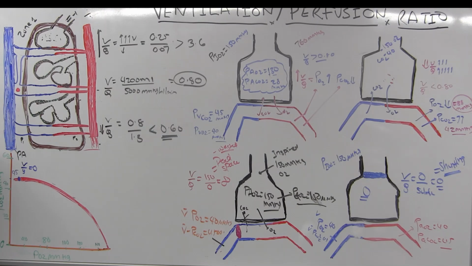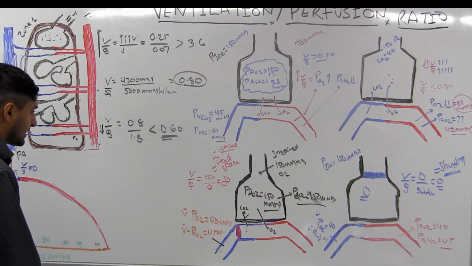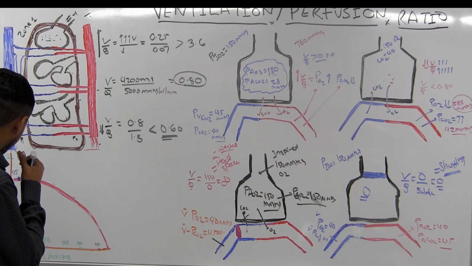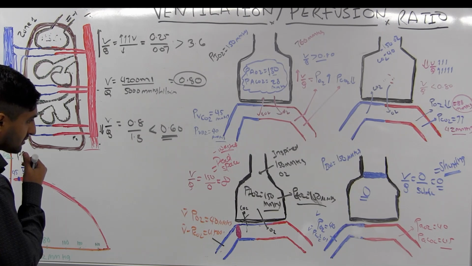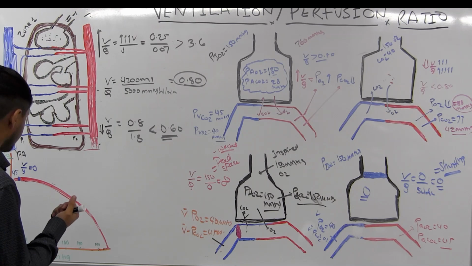Now, if I look at the other graph, and we look at the arterial side, I have a partial pressure of oxygen of, let's say, 150, and a carbon dioxide level of 0 millimeters of mercury.